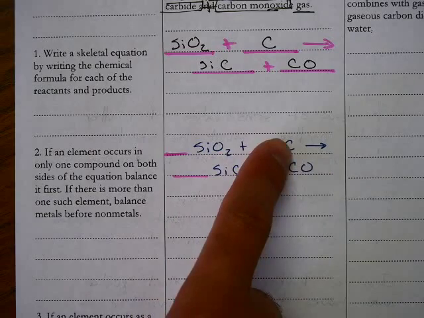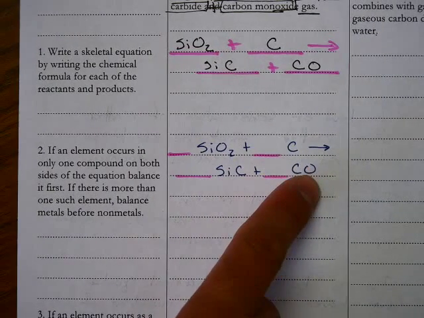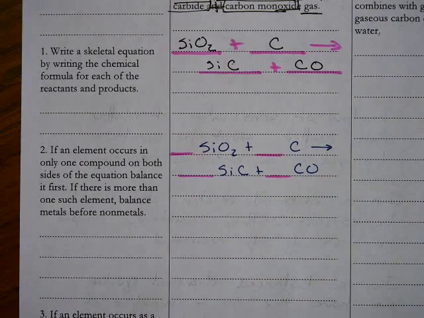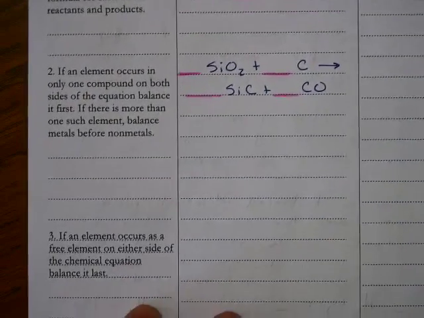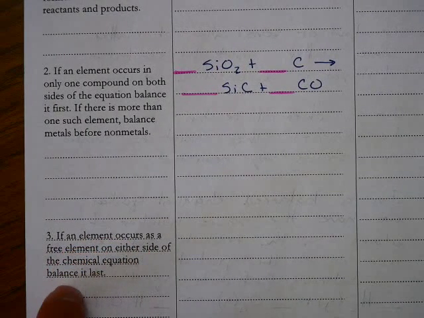Carbon is in 1 on the reactant side, but do you see how carbon's in 2 different compounds on the product side? So carbon is not going to be the first thing we balance. Okay? In fact, carbon will be the last thing, because step number 3 here says if an element occurs as a free element on either side of the chemical equation, balance it last. Does that make sense?